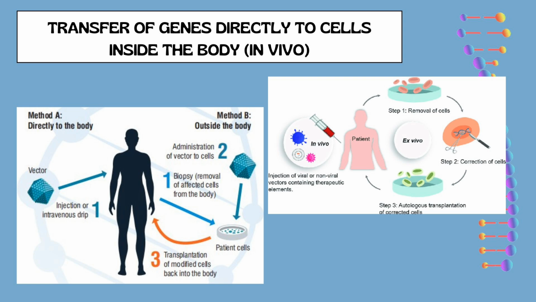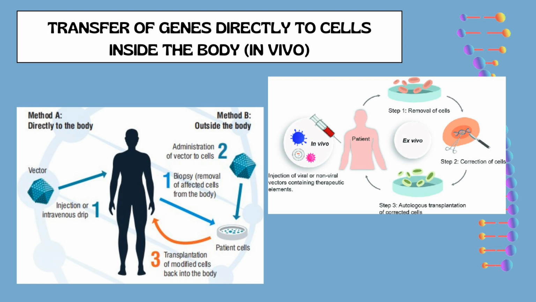So the vector here targets specific cells within the body to deliver the therapeutic gene. Then sa method B naman, yung ex vivo gene, ito naman yung biopsy cell, or this method involves removing cells from the patient's body, modifying them outside the body, or yung ex vivo nga. Then introducing the modified cell back into the patient.